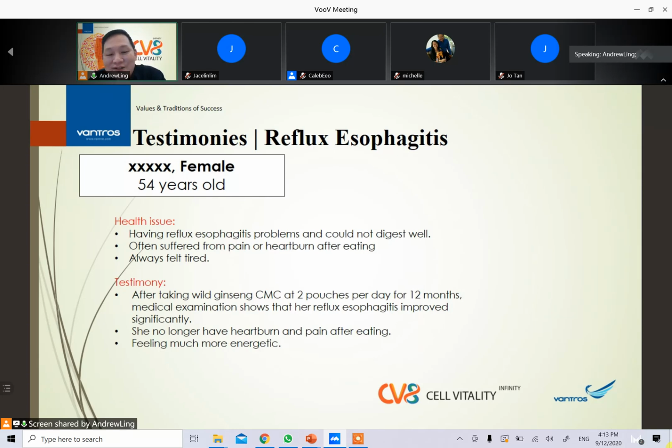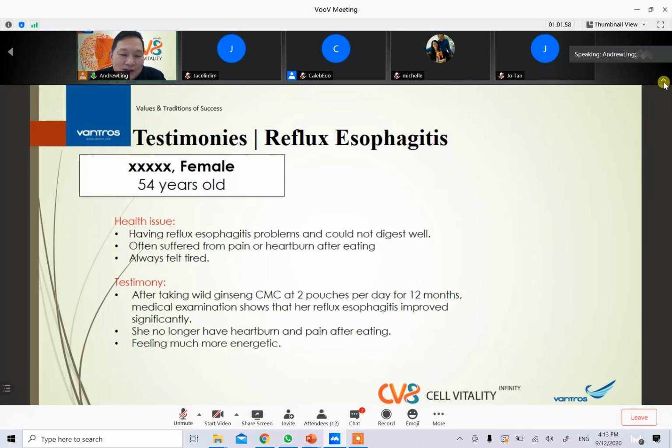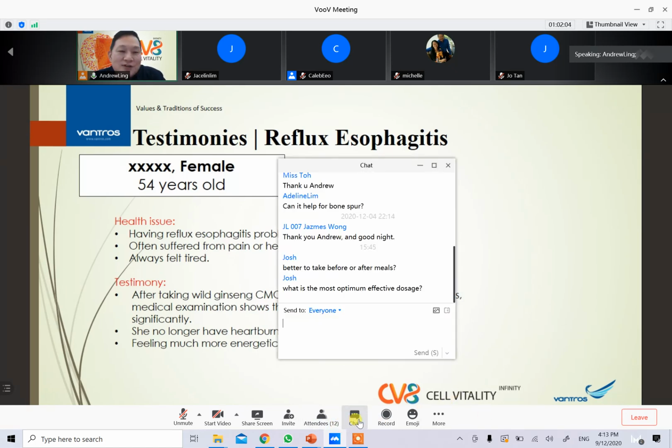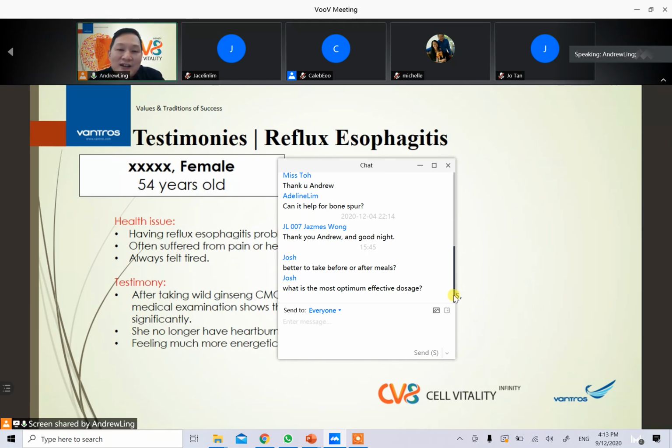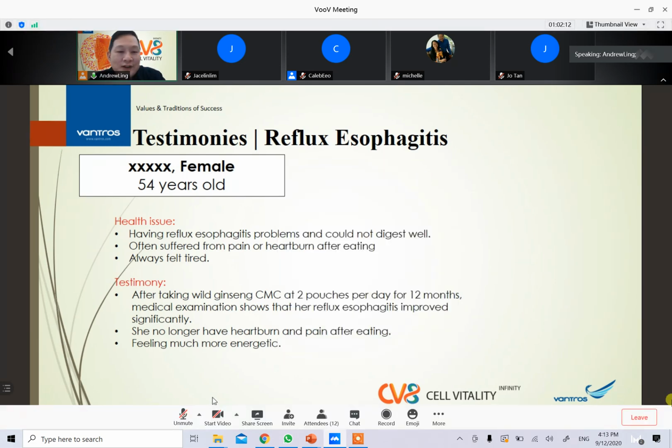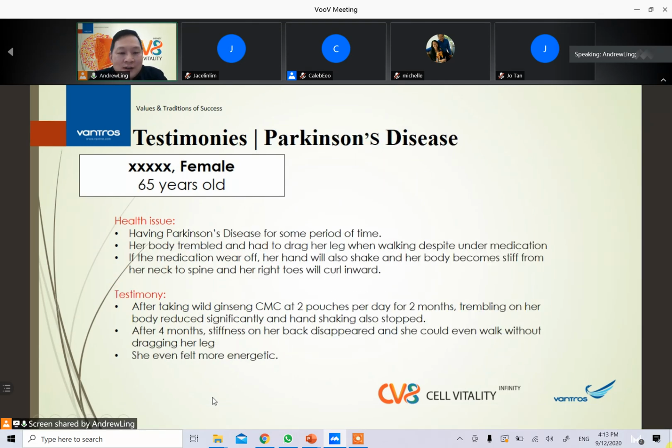After taking this wild ginseng CMC at about 2 pouches per day for 12 months, medical examination shows that her reflux issue improved significantly. She no longer has heartburn or pain after eating. At the same time, because of taking this CV8 or CMC stem cell, she feels even more energetic as compared to last time, and more alert as well.